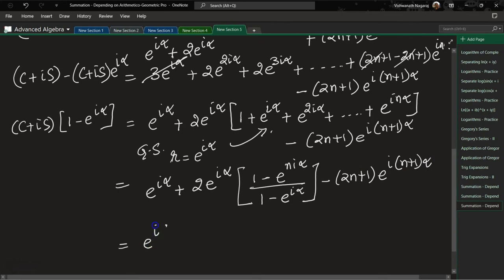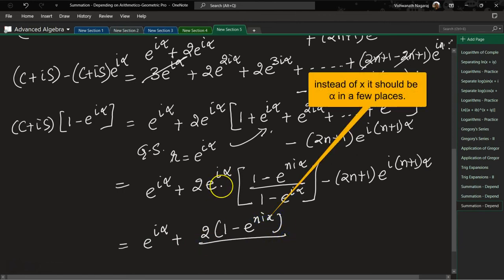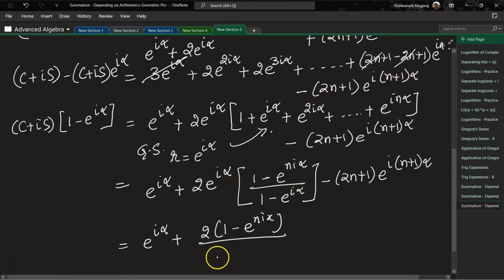Now e to the power of i alpha plus 2 times 1 minus e to the power of n i alpha divided by, now e to the power of i alpha we are taking it down. So when you take it down it becomes minus i alpha. And when we distribute it, it becomes e to the power of i alpha minus i alpha, because it has gone down.